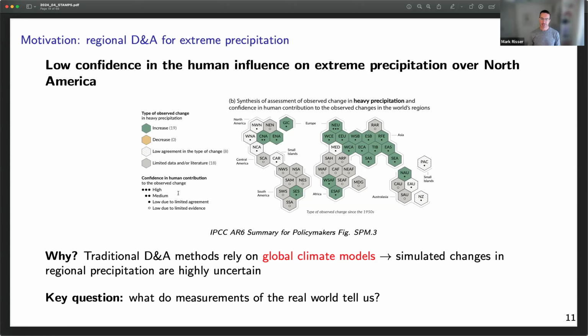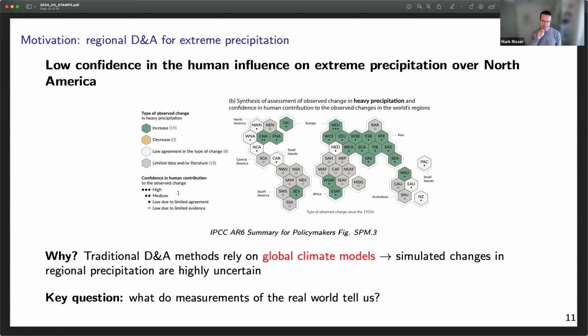And one of the things they're not quite as good at is simulating changes in regional precipitation. When we get down to these subcontinental scales, different models simulate wildly different responses to human influence, and when you look across a set of models, it can be really difficult to make conclusive statements here.